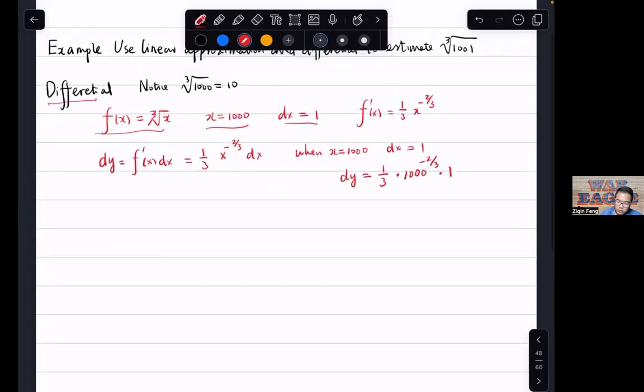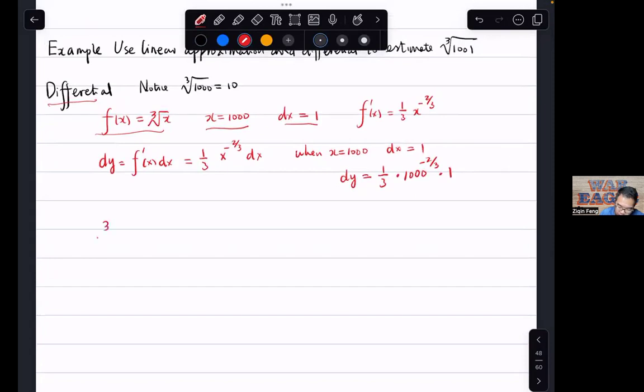Now you can see that the third root of 1001 can be approximated by the function value at 1000 plus dy, the change of y value, which is 1/3 times 1000 to the power -2/3, right? So this is 10 plus 1/3 times 1000 to the power -2/3, right?